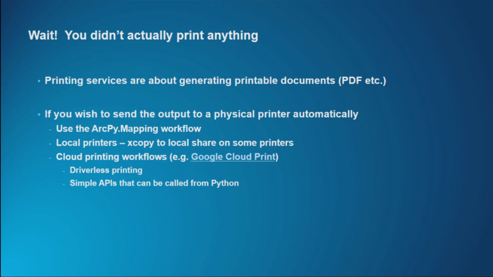Now, you may be sitting there saying, wait, you didn't actually print anything. Generally when we're talking about printing, we're talking about printing to PDFs, printable documents that people can print to their local printer. But if you do wish to automatically send the content to a physical printer, there are a couple different ways to do this. One, we'd say use the ArcPy mapping workflow.